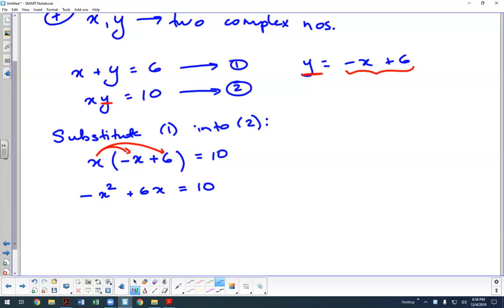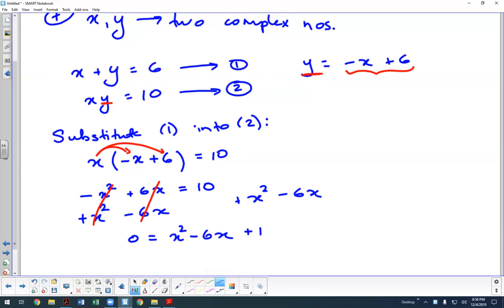Normally, we don't like leaving our x squared as a negative term, so I'd probably move everything to the right-hand side to start by adding the x squared, subtracting the 6x. And just putting it in the order, so I would have positive x squared minus 6x positive 10.